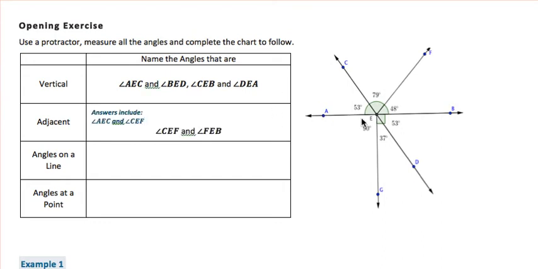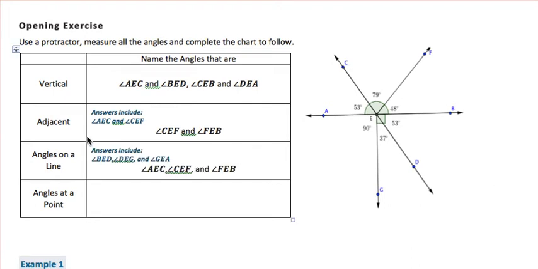The adjacent angles in our figure are AEC and CEF, but also CEF and FEB, BED and DEG, and GEA and AEC. So there are a number of combinations.